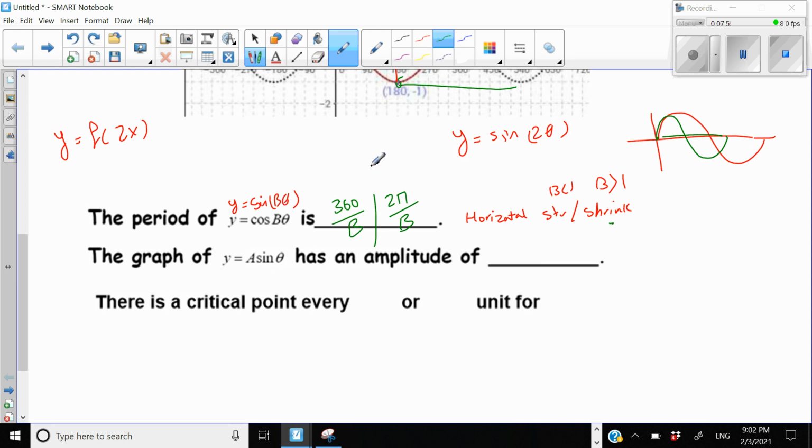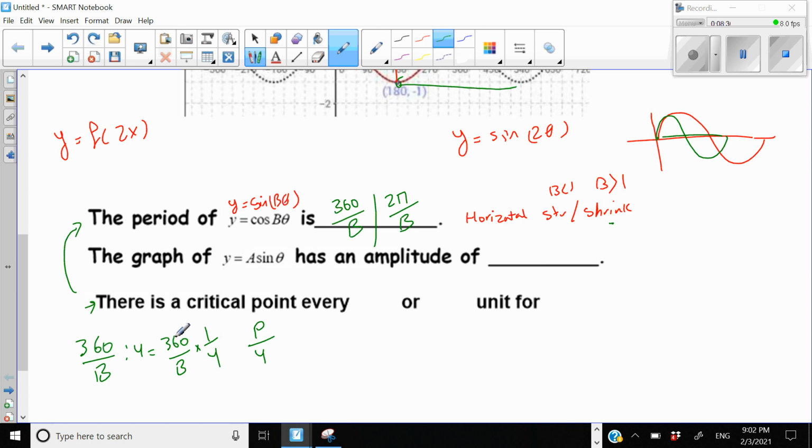Now, what if I want to find the critical points for this transformation? We know that to find the critical points, we need to divide the period by 4. So we found the period here. All I need to do is divide that by 4. So 360 over b, divide that by 4. When you're dividing fractions, you keep the first and multiply by the flip of the second one.